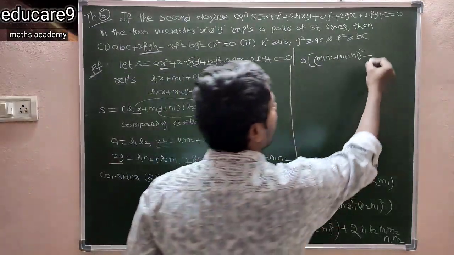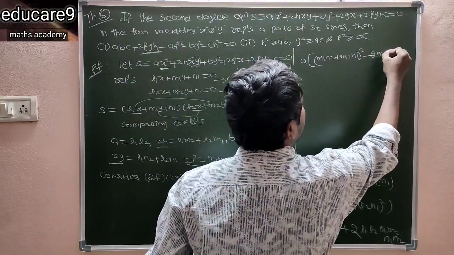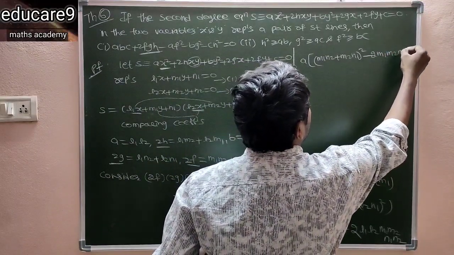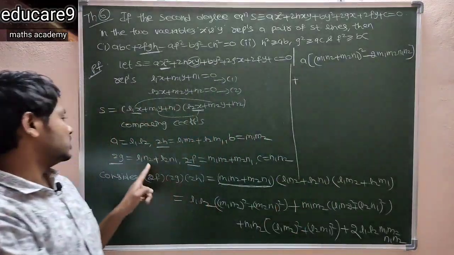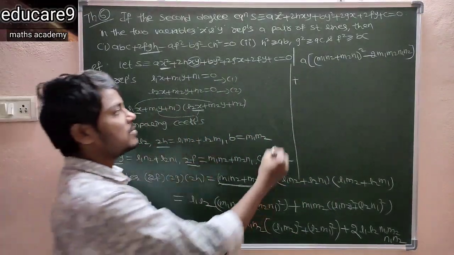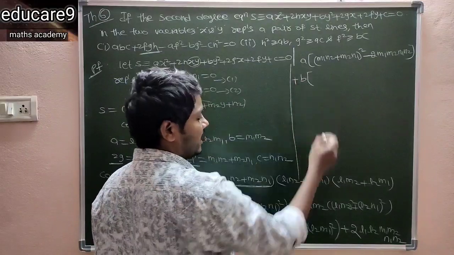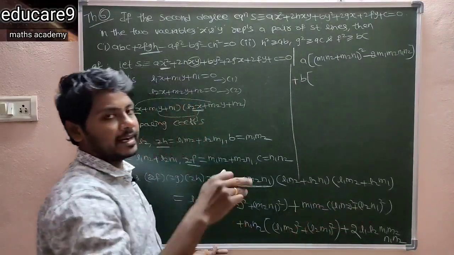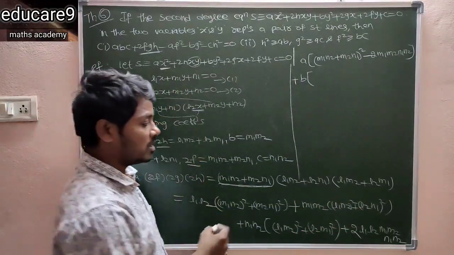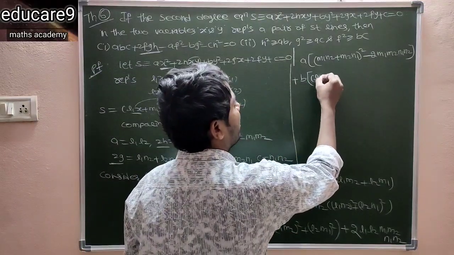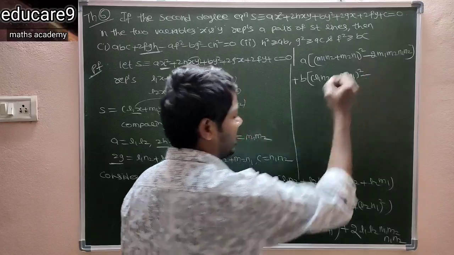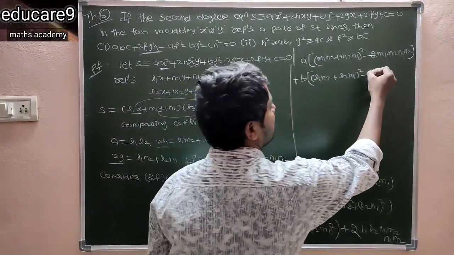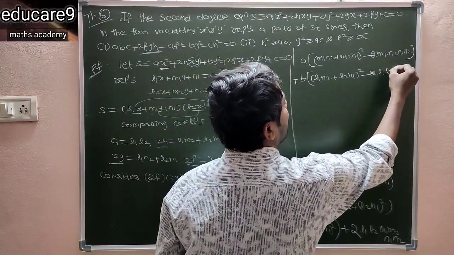That is 2 m1 m2 n1 n2. So plus m1 m2, that is b only. So b of again a square plus b square, as a plus b whole square minus 2ab, that is L1 n2 plus L2 n1 whole square minus 2ab, that is 2 L1 L2 n1 n2.